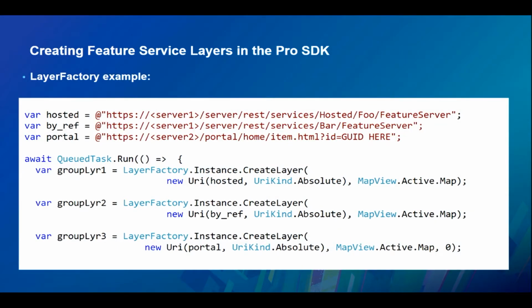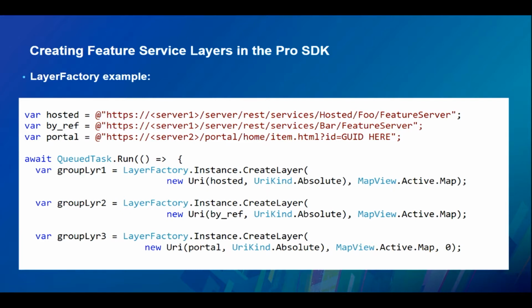All right, so an example then, I've got three service URIs. On the top, I've got a hosted, then I've got a by reference. And then the last one's kind of interesting. It's actually a URI to a portal item. With the portal item, when you make the layer factory call, that portal has to be your currently active portal, or you'll get an exception when you call layer factory.